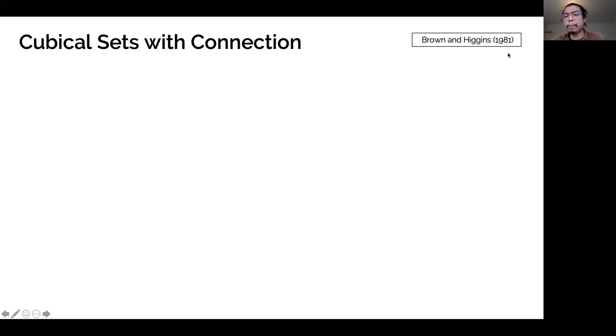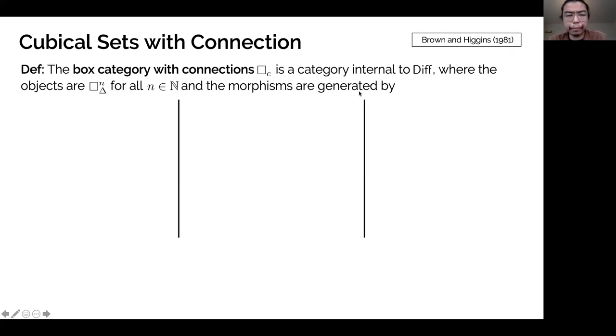One of the places this was introduced was in a paper by Brown and Higgins in the 80s. I'm going to be introducing cubical sets with connection in a specific way here, where I define this box category with connections as a category internal to the category of differentiable spaces.